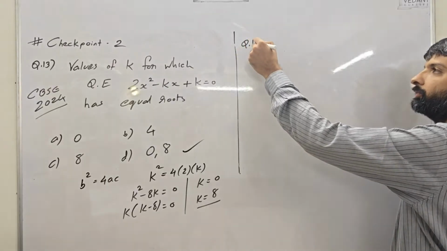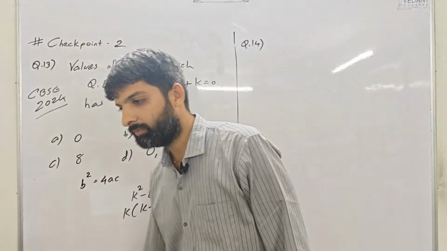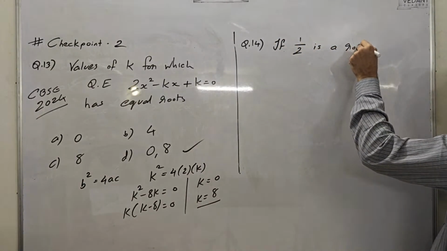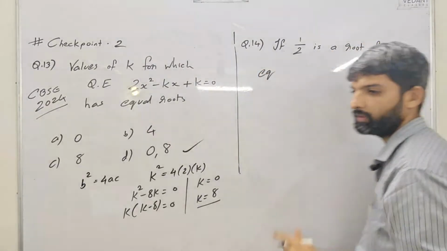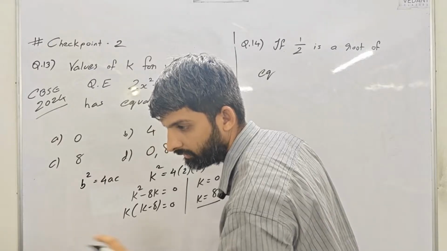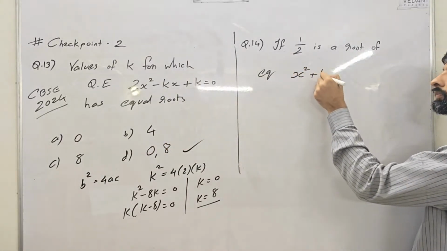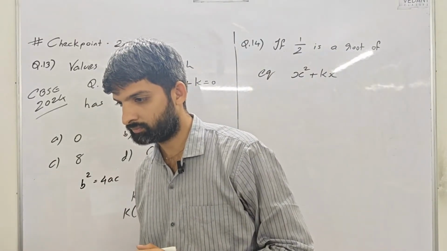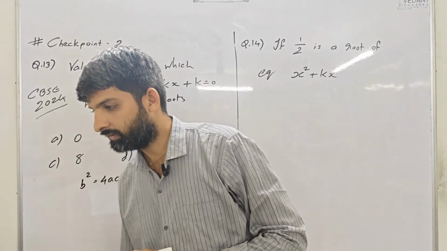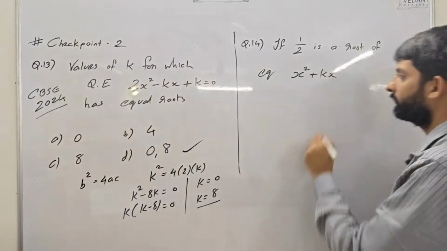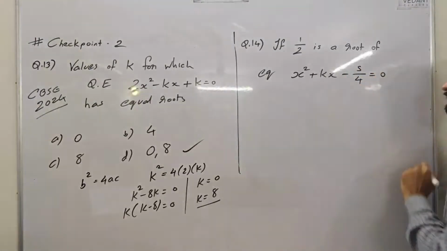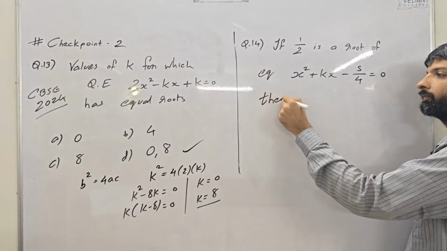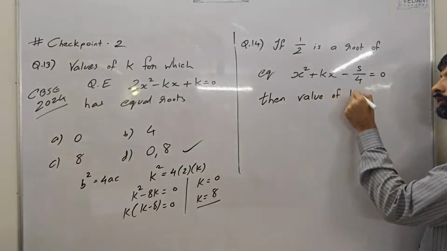Now question number 14. If 1 by 2 is a root of the equation x square plus kx minus 5 by 4 is equal to 0, then you need to find the value of k. The value of k is equal to blank.